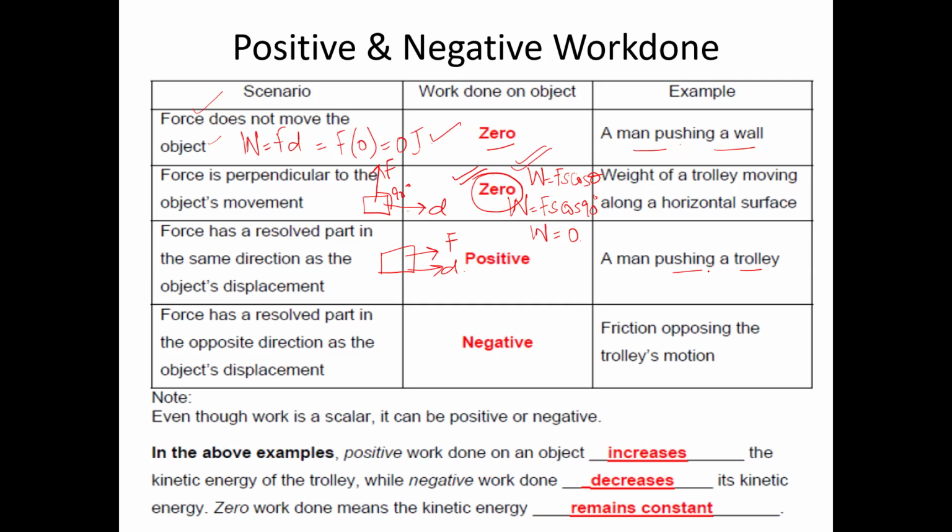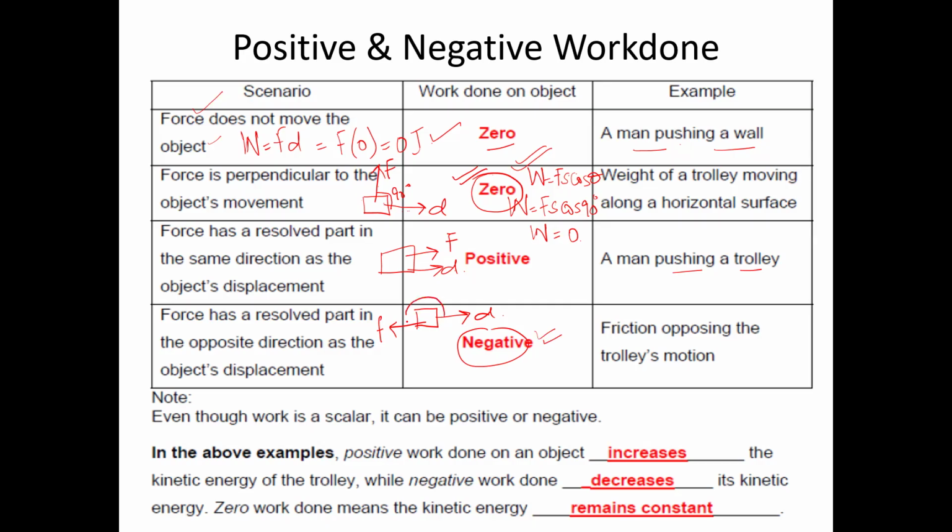And when is the work done going to be negative? Let's say an object is moving forward and there is a frictional force acting on the object. When force and distance are in opposite directions to one another, we call the work done negative. Why?